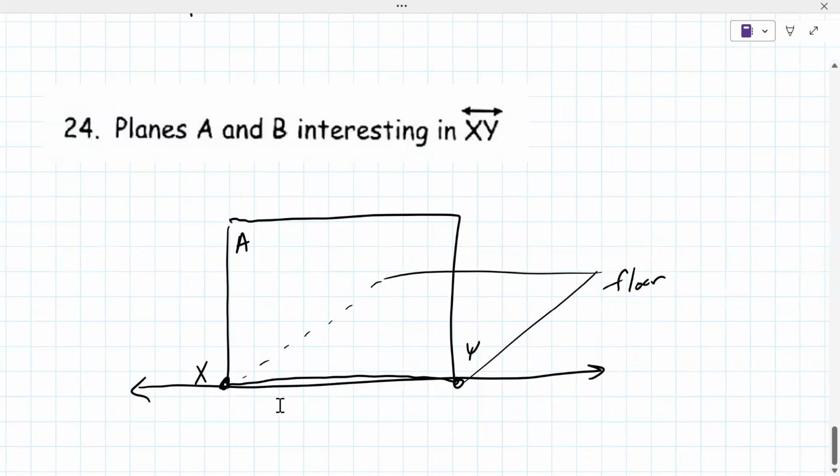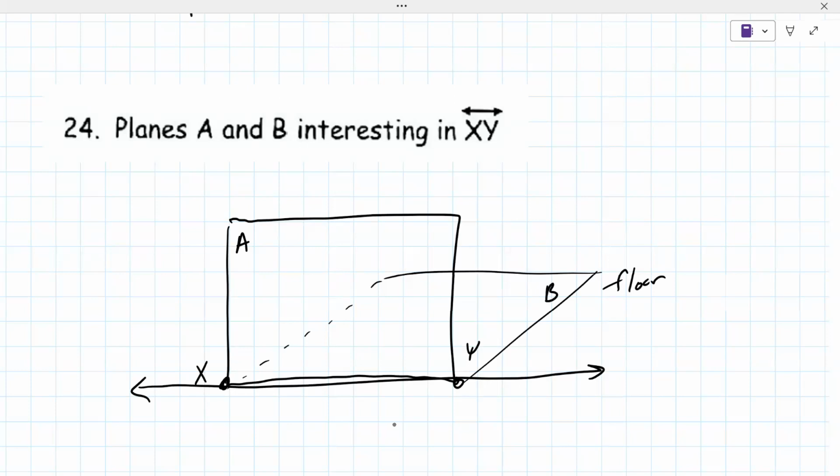In our world, it's a line segment because it's fixed, but it can go on forever. So this is the simplest way to view this. Is that okay? Yeah, that's good.